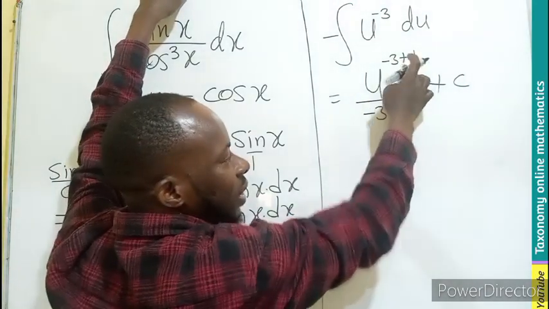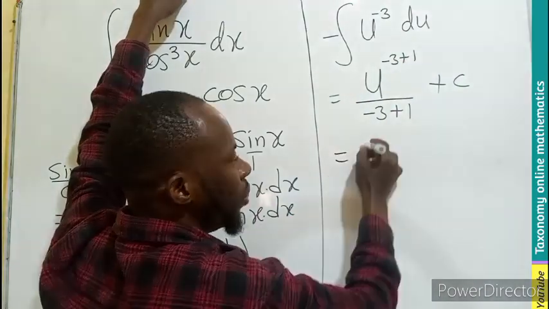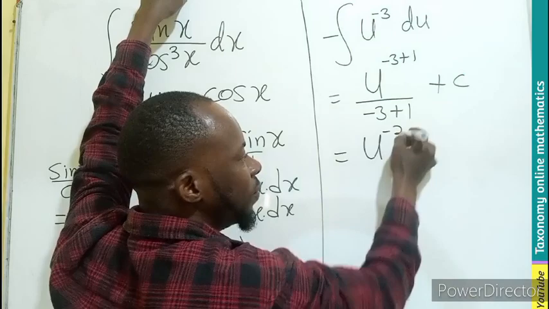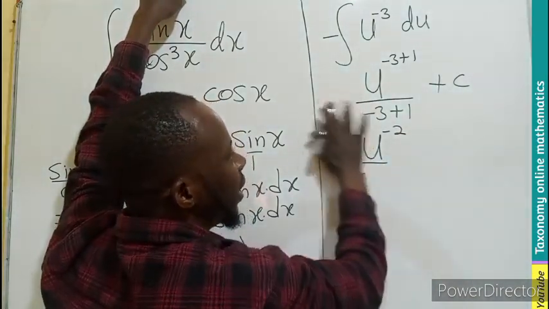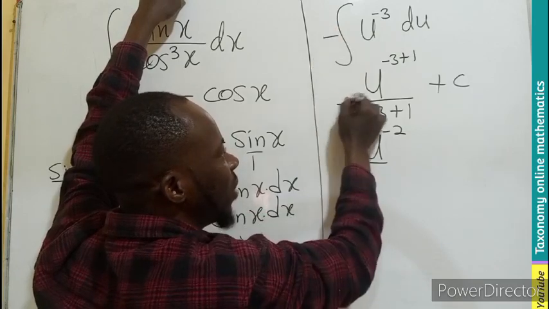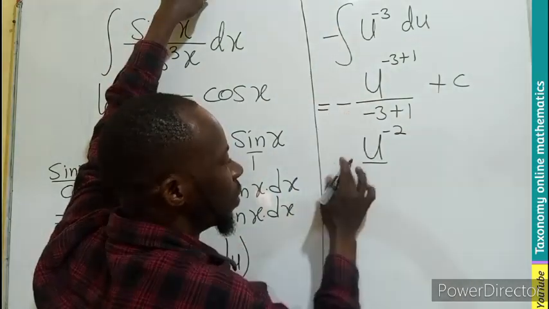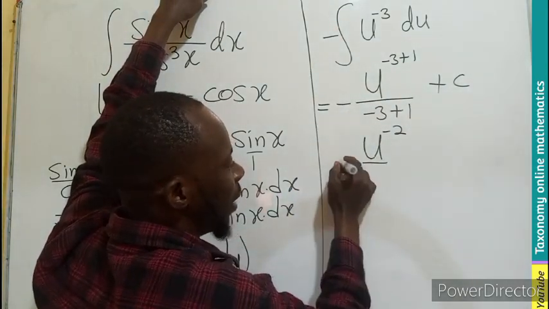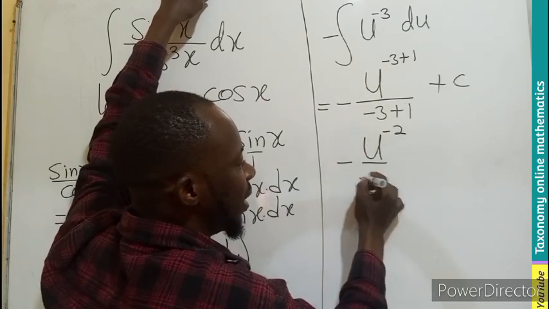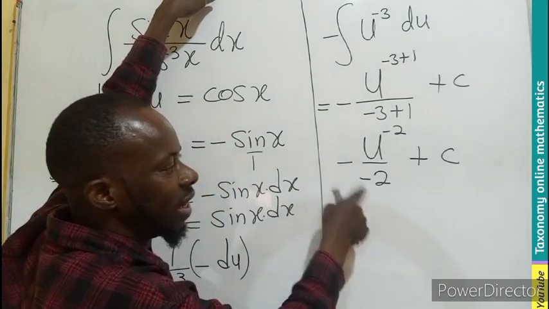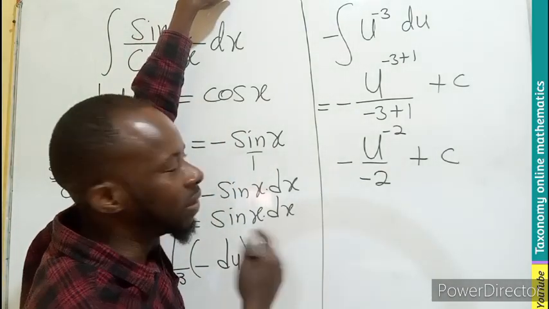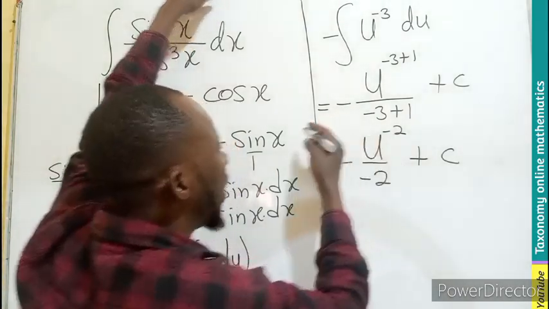So this will give us negative 2, meaning u exponent negative 2 divided by negative 2. Let's not forget we have a negative here, so that negative will be there. You can see this negative will cancel.